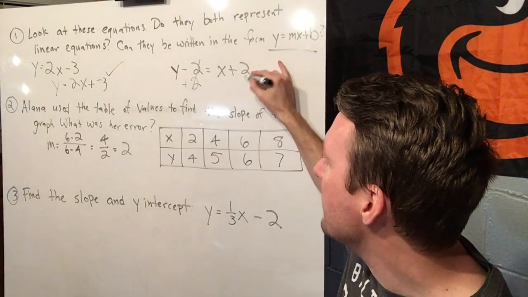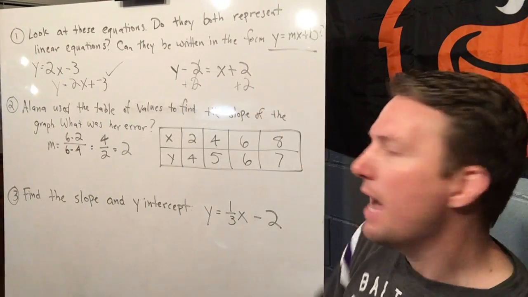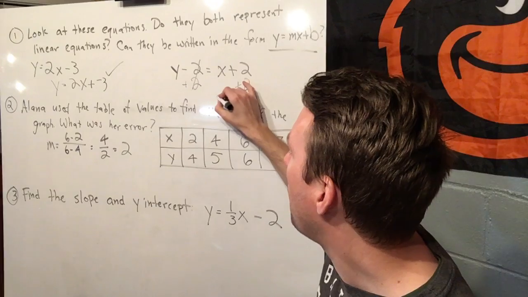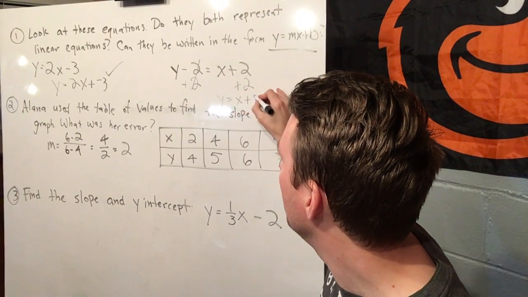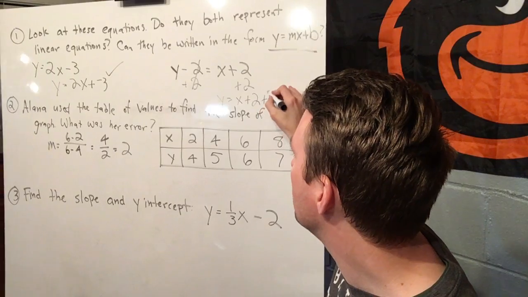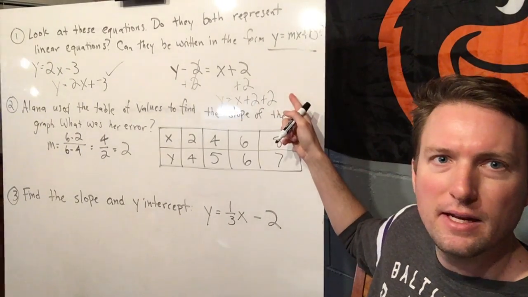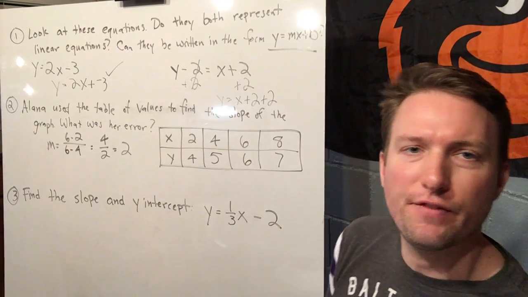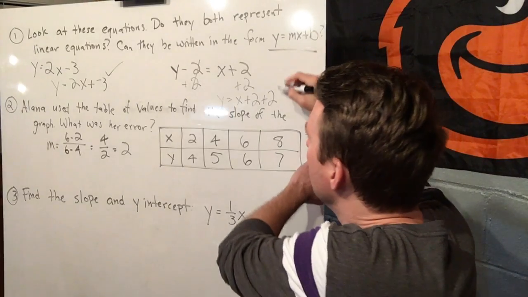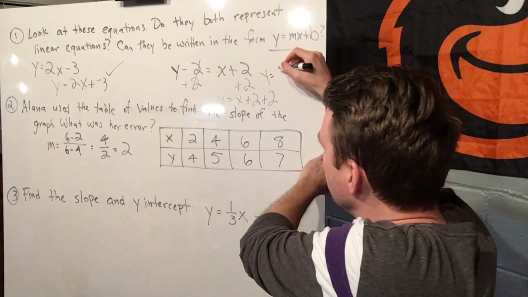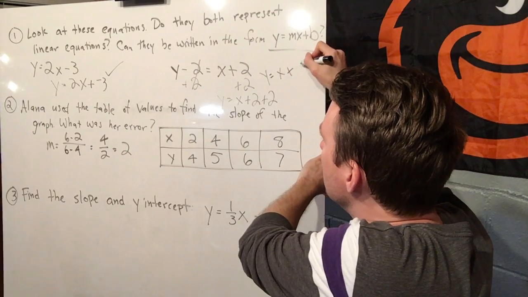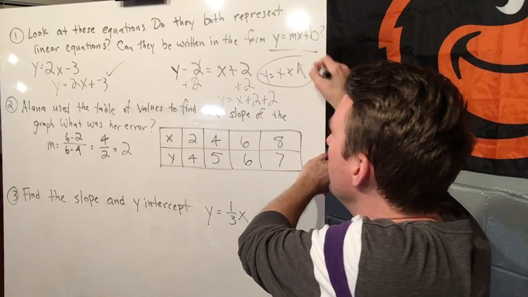And we're going to add 2 to this side. And what we're left with is y equals x plus 2 plus 2. Well, that's not right, because we can simplify that even further. Sorry, I ran out of room here. y equals x plus 4. This would be our answer.